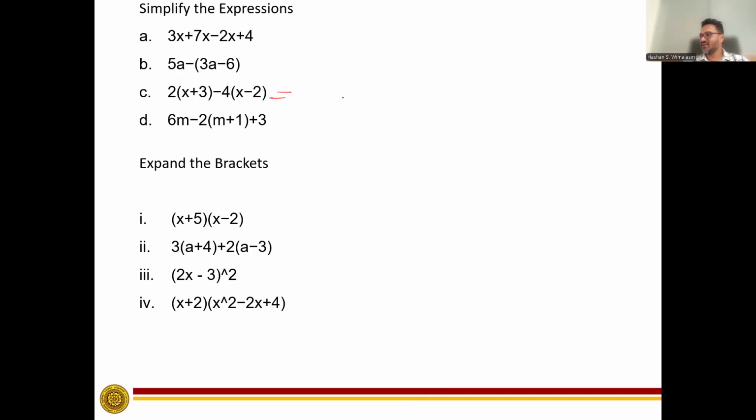In here, when we get this one, 2x plus 6 minus 4x plus 8, the minus 2x plus 14.